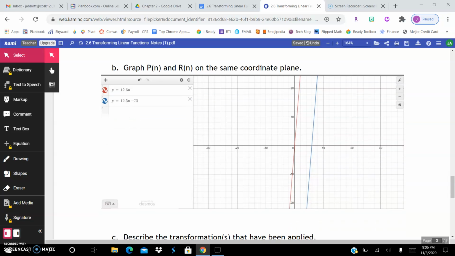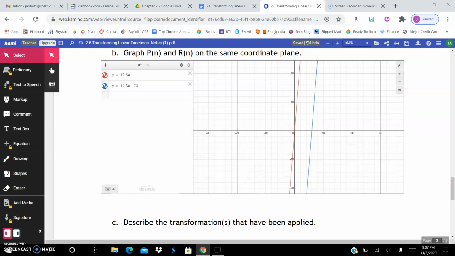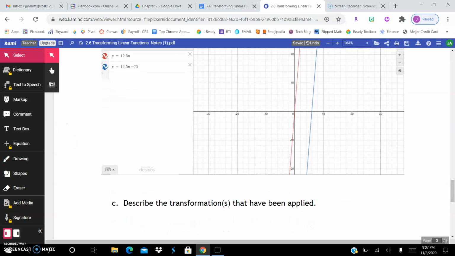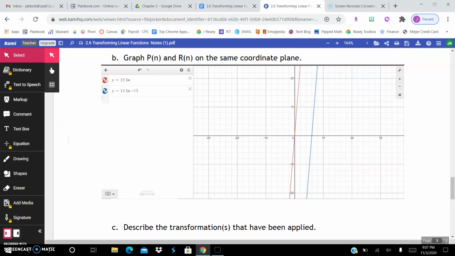I've already done this on Desmos calculator. The red is 12.5n, that's our f of x, and the blue is our g of x. So you can see the two different functions there. And then we have to describe the transformation that has been applied.